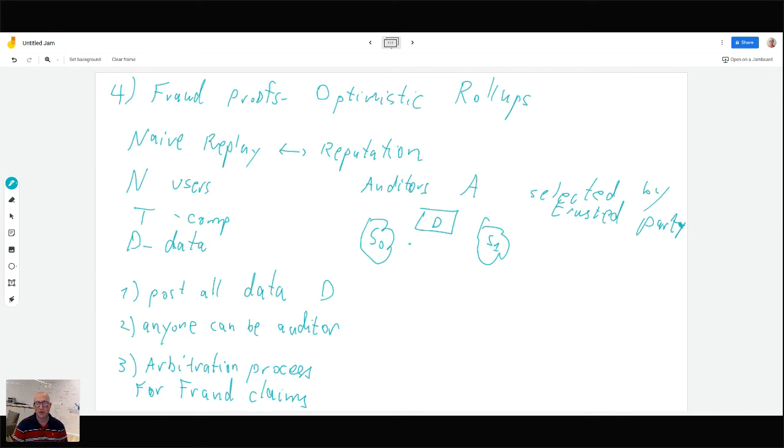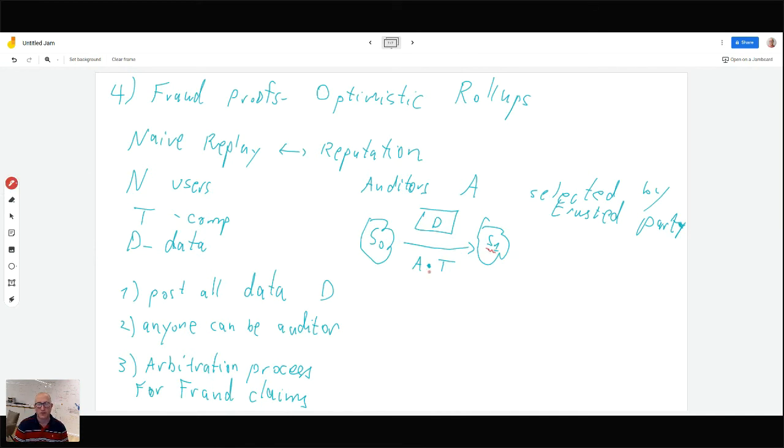Presumably someone has done this computation, and we are assuming that all the auditors are running the computation. So all the auditors are running for T steps and checking it out. Now, one of them finds a fraud.